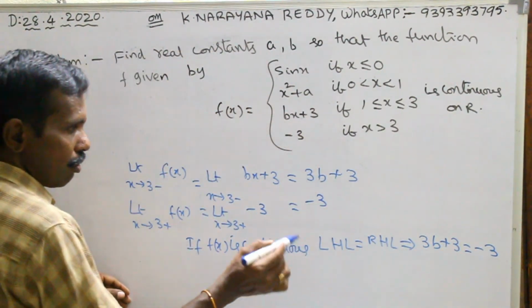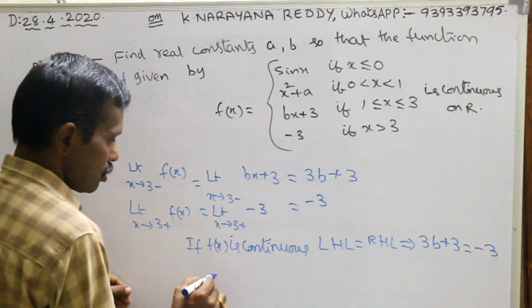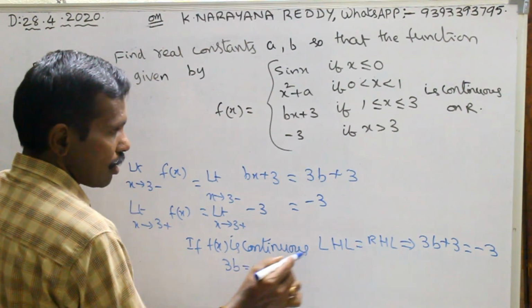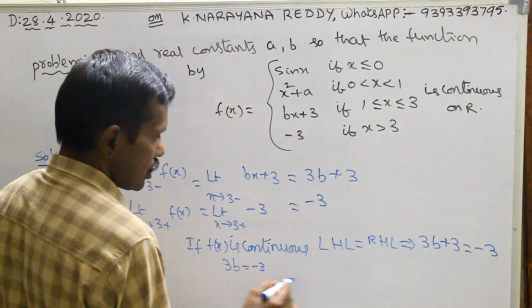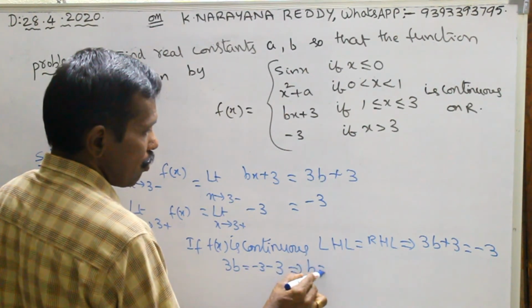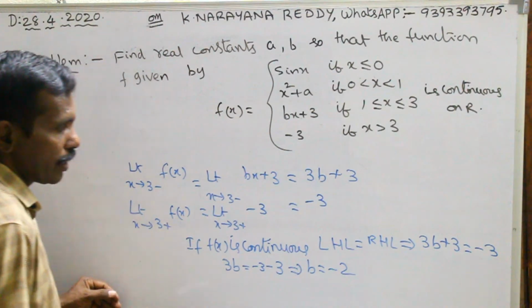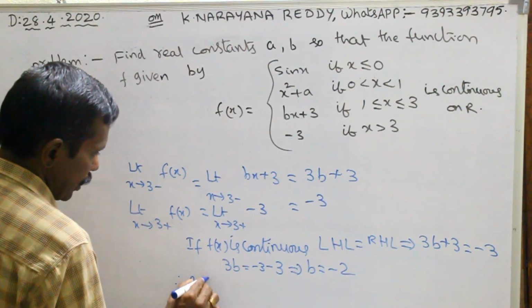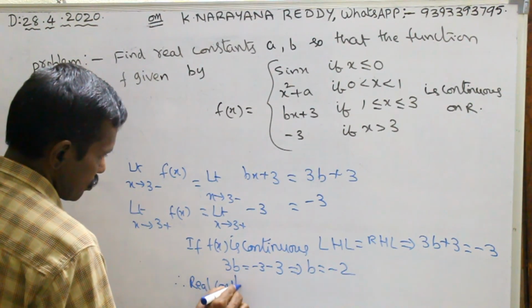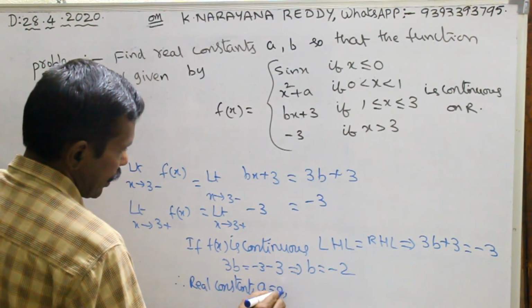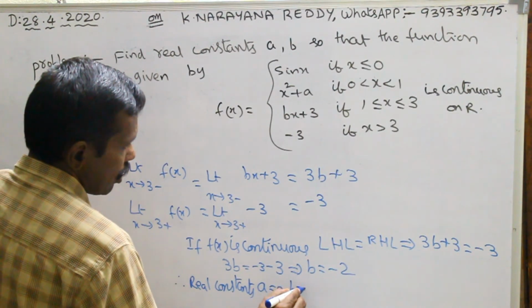Now solve that one. 3b equals minus 3, 3 goes to that side, that is minus 3, minus 6. That implies b equals minus 2. Therefore, real constants a equals 0 and b equals minus 2.